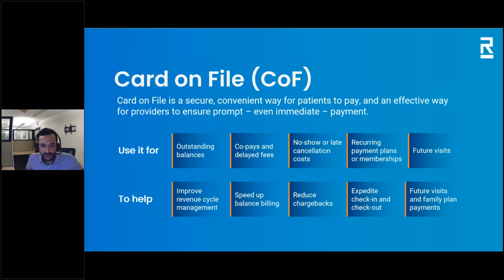So that the grandparents or the guardians don't have to necessarily dig into their wallets and submit payment that way. There's already an automated way in place to satisfy that payment. But just again, monthly installments, delayed fees, no-show and cancellation costs, recurring fees, and how it helps in essence is it saves time, it helps reduce late payments, and it improves security measures.